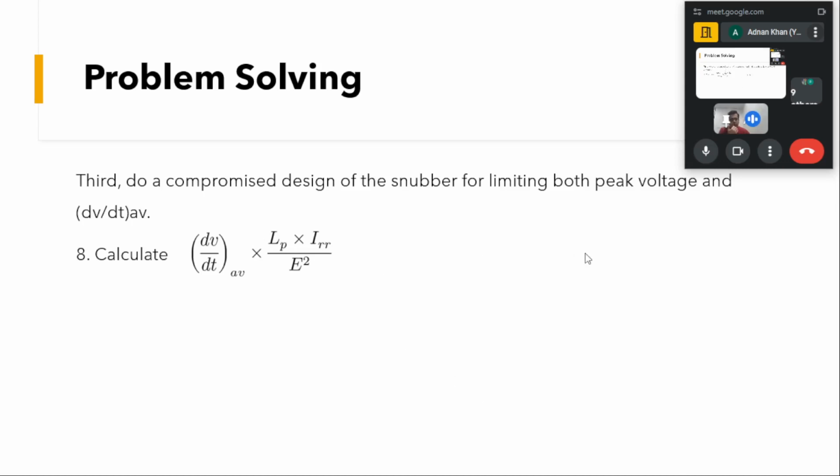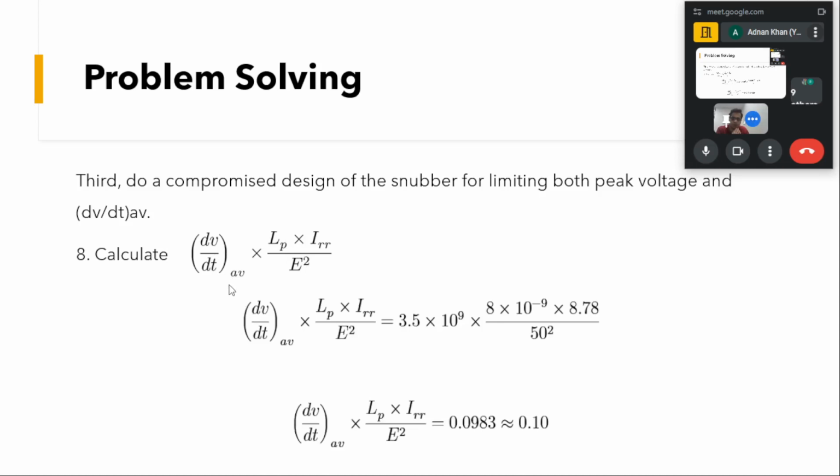Third, now we have to do the compromise design for limiting both peak voltage and the dV by dt. So here the first question is we have to calculate dV by dt average times LP. We have to calculate this whole term. We have the limiting value of this dV by dt, which we had already calculated, as 3.5 into 10 raised to the power 9 volts per second, and LP is given, it is 8 nanohenry.